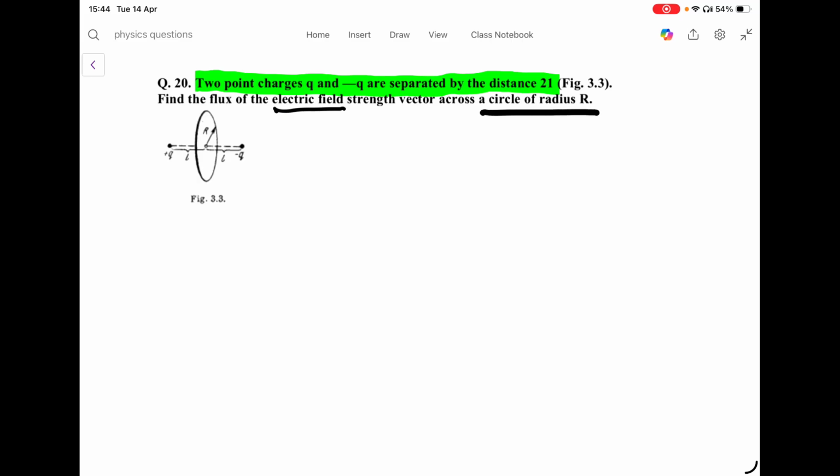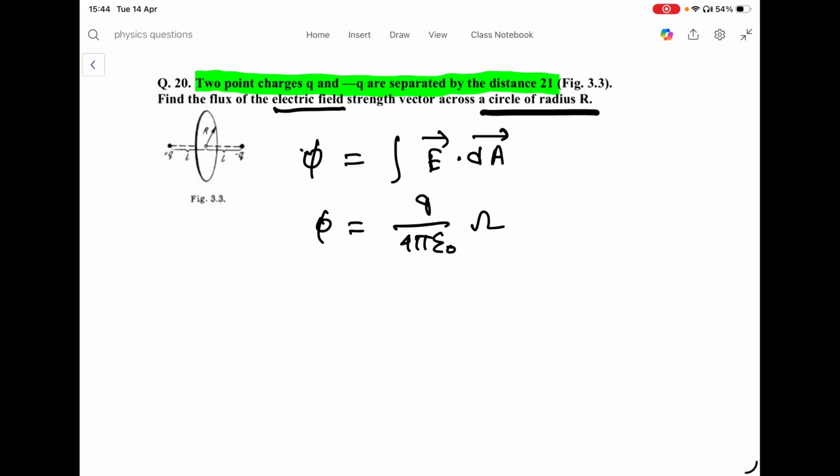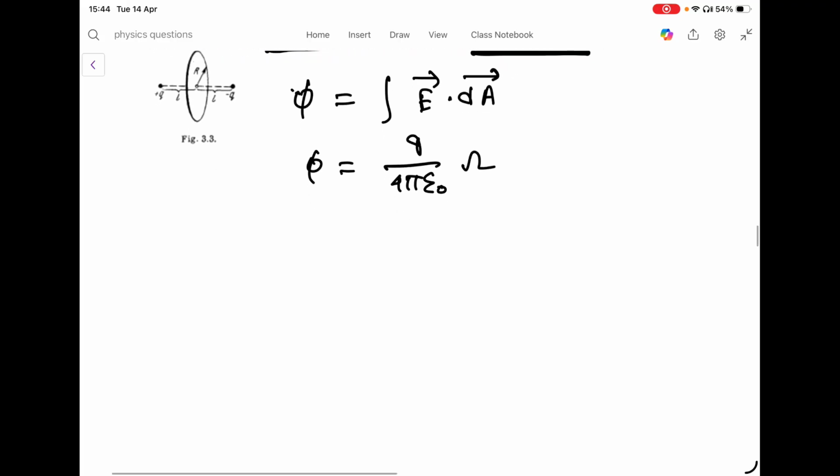So the distance between q and minus q is 2l. First we know the formula of flux. It's phi equal to E vector into dA vector, right? So what will be phi? It will become q by 4 pi epsilon naught into omega.